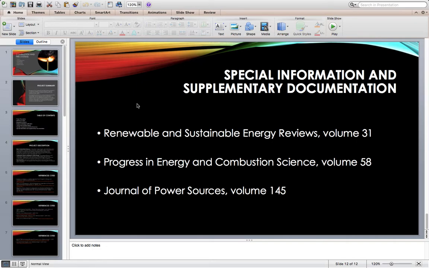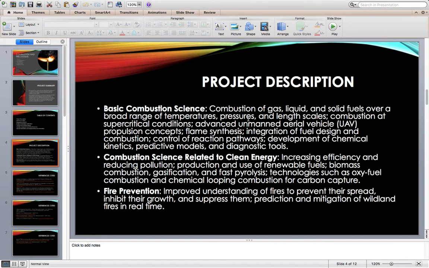Why is biomass combustion, of all the things they're listing for the CFP, why is it that biomass combustion technology and clean energy is the thing that the NSF should give grant funding for?